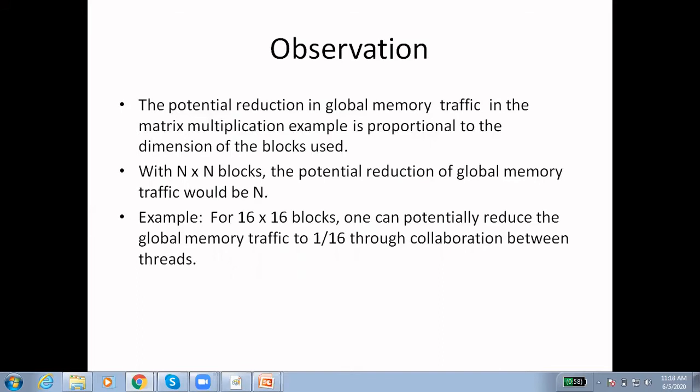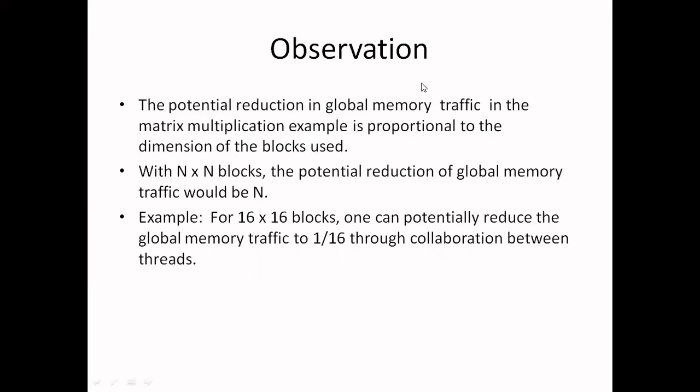So this was our observation, where we can reduce the global memory traffic potentially, and actually it is proportional to the dimension of the block. As you have seen in the last example, when the block size was 2 cross 2, the data is being used 2 times.